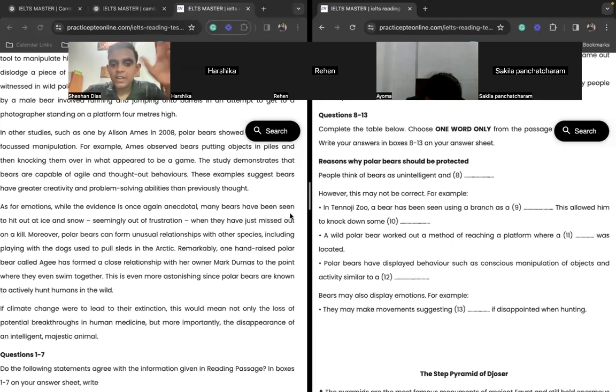So in order to find the answers, you have to practice these techniques again and again. Then when you look at the question and the paragraph, you can easily locate the keywords. Once you locate the keywords, you have to do focused reading. When you do focused reading, you should be able to understand. And in order to understand, you should have done your papers and your reading practices.